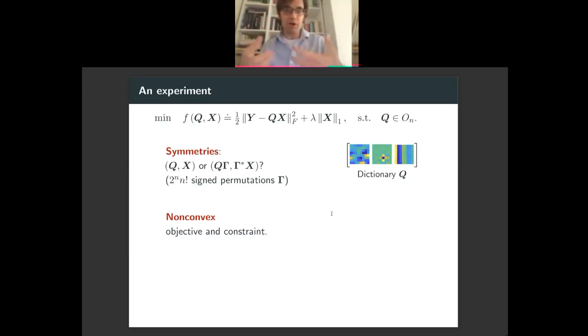Perhaps a more fundamental source of non-convexity in this problem is the symmetry of the objective function. This is something we're going to see in this problem and in a number of other problems as we go.